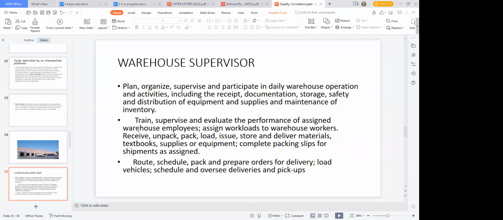All these need proper documentation and proper supervision, so supervision of the warehouse is also very important. One of the jobs of the supervisor is to send the workers for training, to make sure the operators in the warehouse are well trained. You also have to understand the route, the schedule, and packing. So that is the role of supervision.